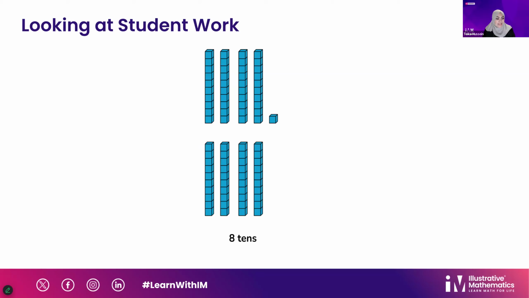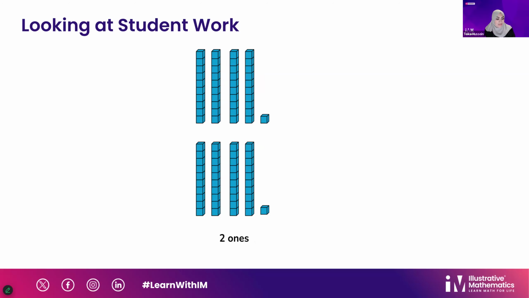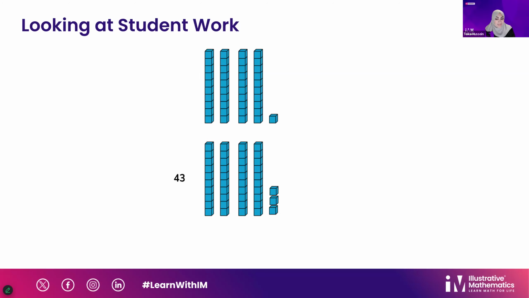Then they add 1s until they see there are 4 1s. So 2, 3, and 4. Lastly, they count the number of 10s and 1s they added to find the unknown addend. So again, we have 43.